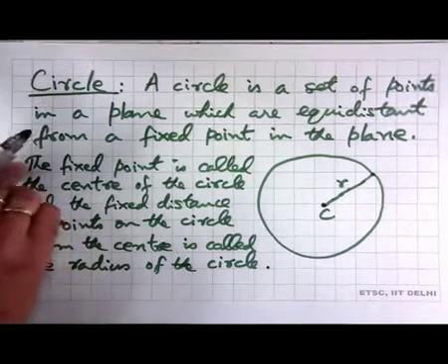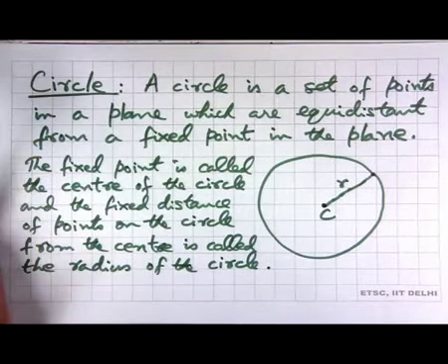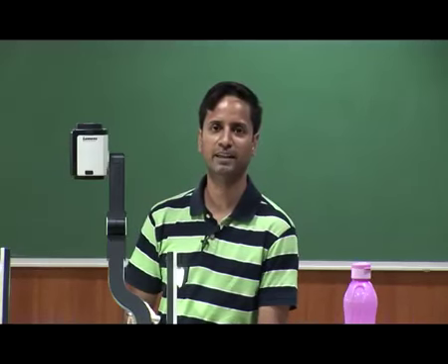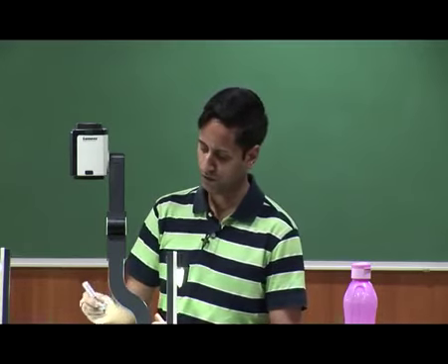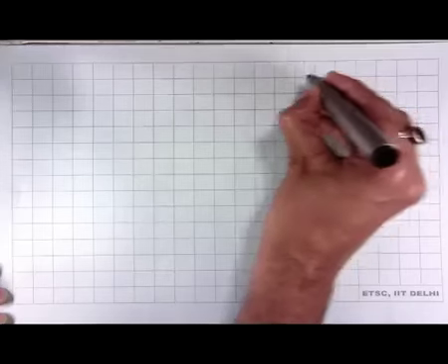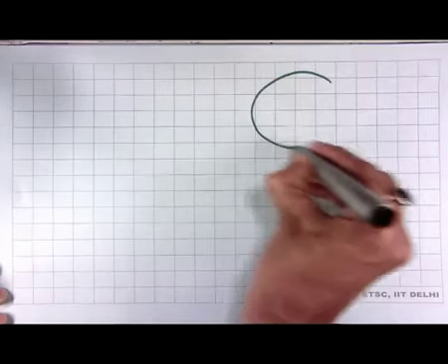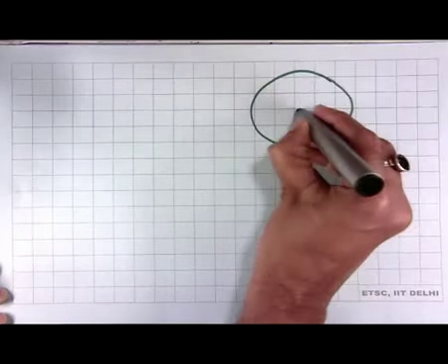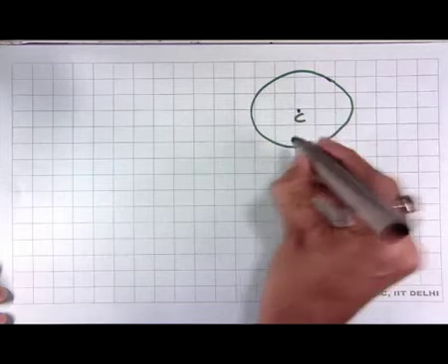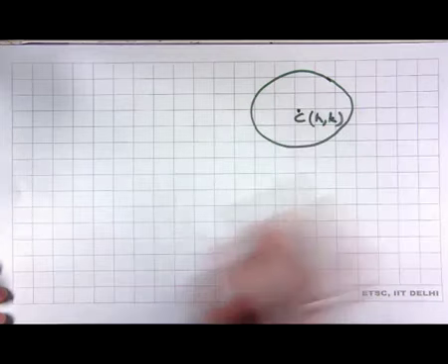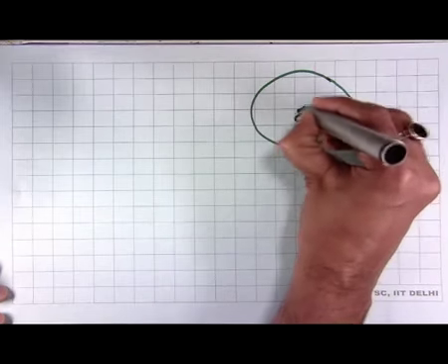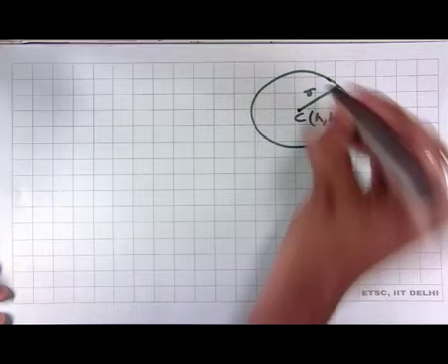So, you would have also seen how to find the equation of a circle given the center and radius. Let me just briefly recall. Suppose the center C is at a point h comma k and the radius is r.